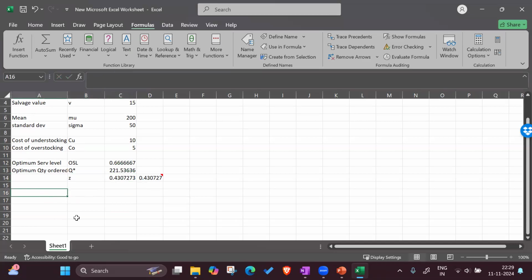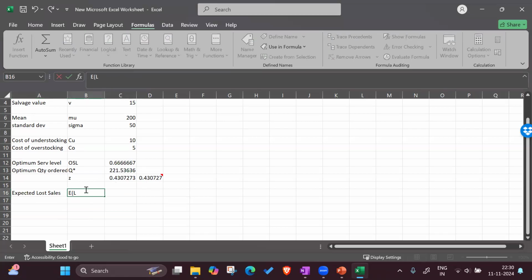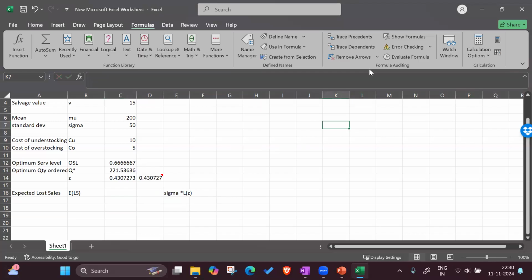Now let's start with expected loss sale, E of LS, which we have said is equal to sigma into L of Z. We can calculate sigma into L of Z only if we have the L of Z value.